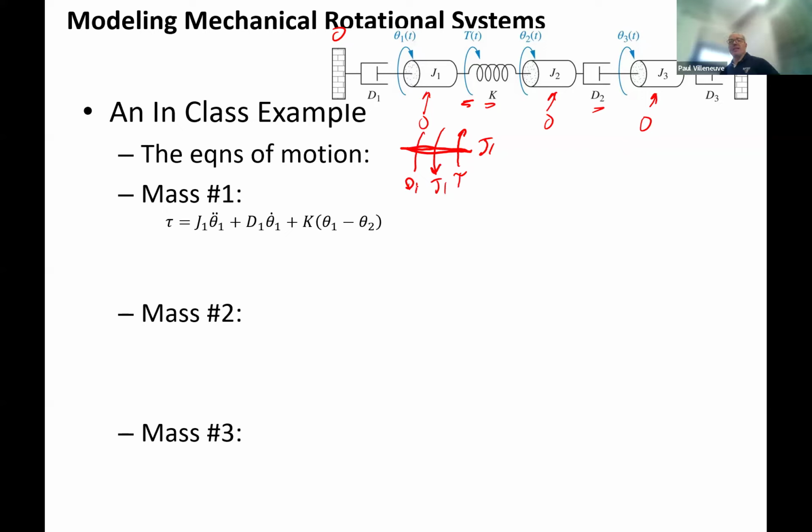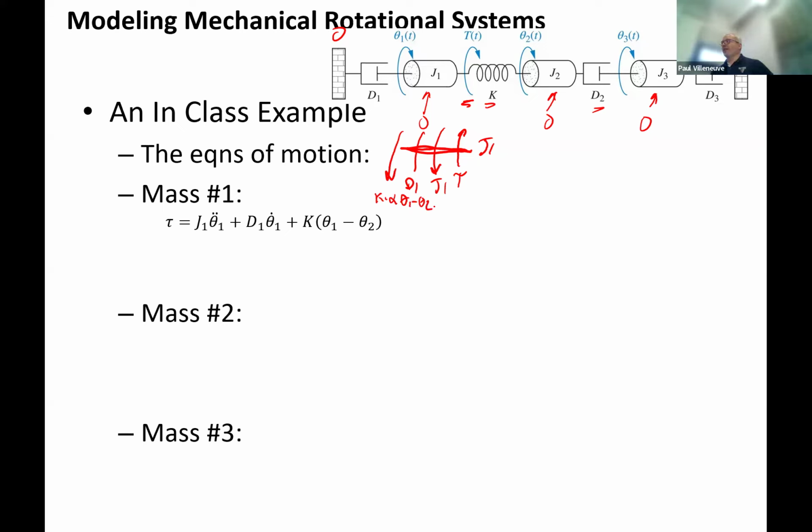Hopefully you can see those pretty easily. The next one is, which one is moving faster? If one's moving faster than the other, it's going to oppose. So if I assume J1 is moving faster than J2, then the torque is going to be in the opposite direction. So for this to be in the opposite direction, it has to be proportional to theta 1 minus theta 2.